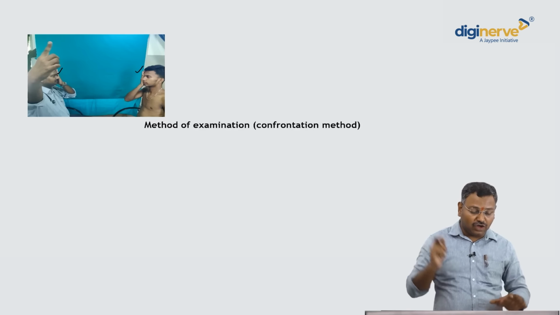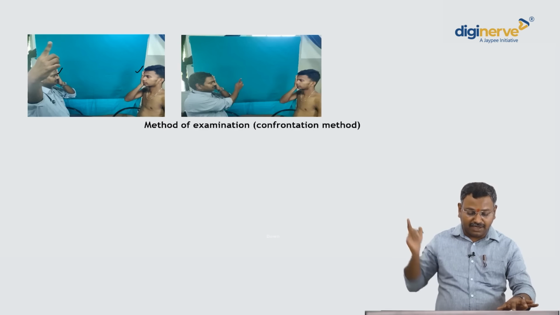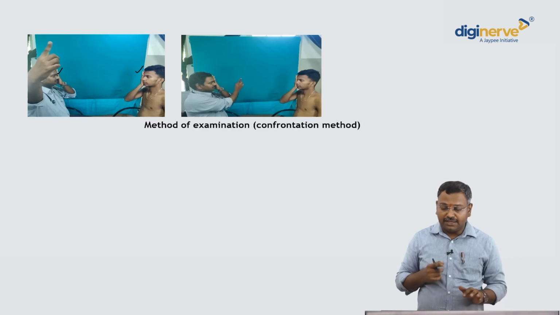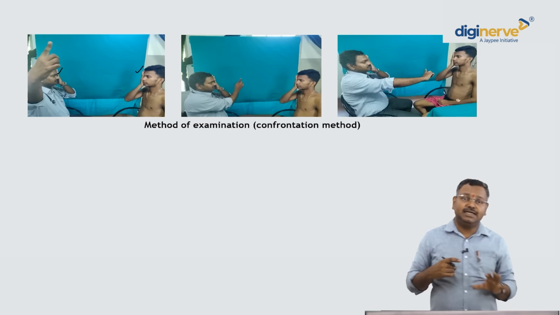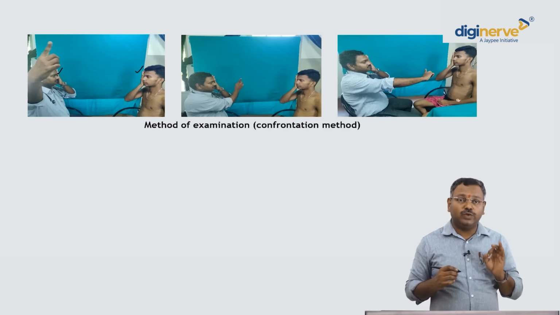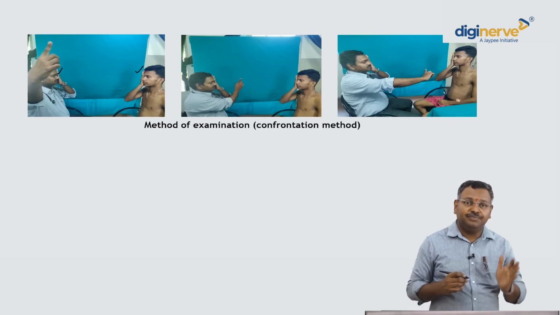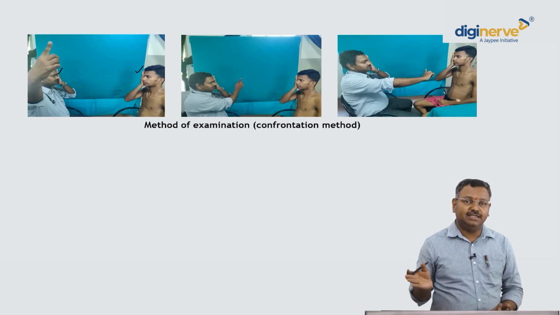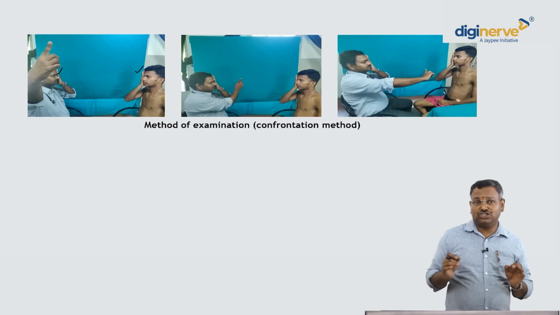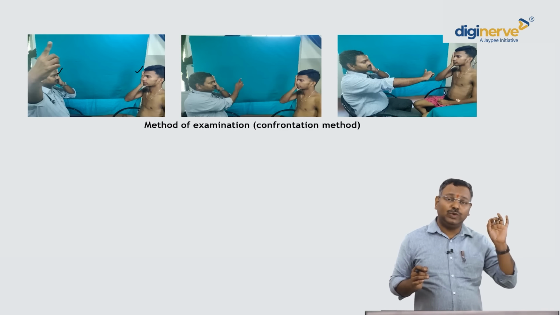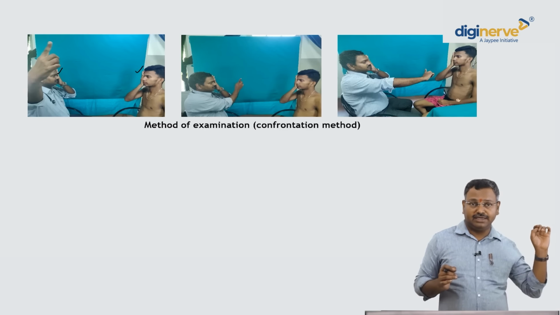You do it in all the fields: from the lateral part, the nasal part, the inferior part as well as the superior part. Do it in one eye, then repeat it in the other eye with your opposite eye closed. The patient should be able to tell you when he appreciates the finger movement.